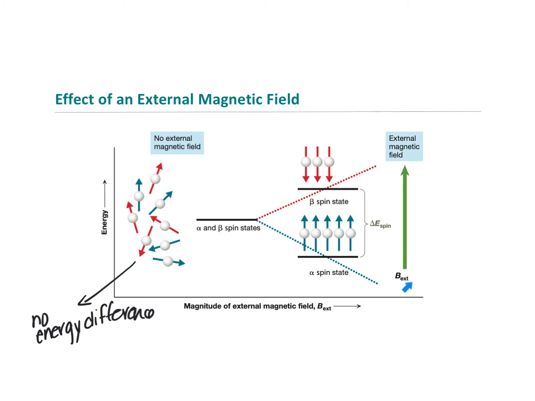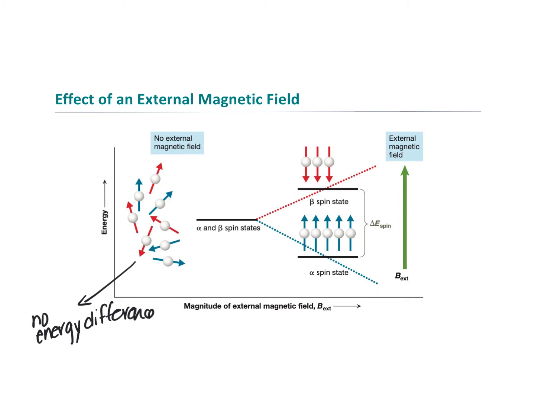And when that's applied, then the nuclei line up. The nuclei are either going to be aligned with the external field, the alpha states align with the external field, and then the beta states align against the external field, okay?